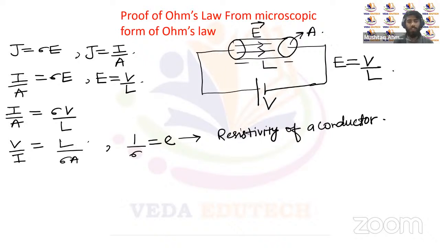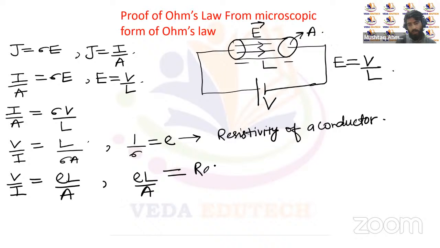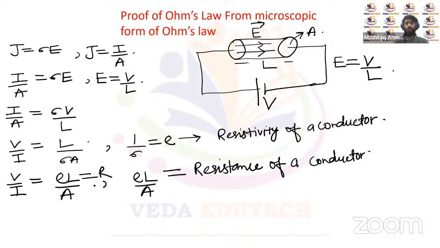And if we replace 1 upon sigma with rho, we will get V upon I equal to rho L upon A. And we know that this rho L upon A is the resistance of a conductor. We can see V over I is constant, that's equal to R. So rho L upon A is a constant, equal to R, that's nothing but the resistance of a conductor.